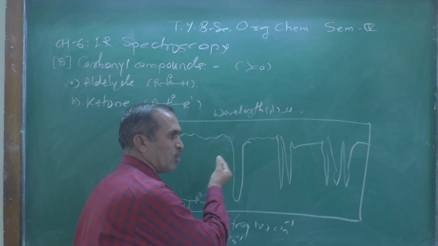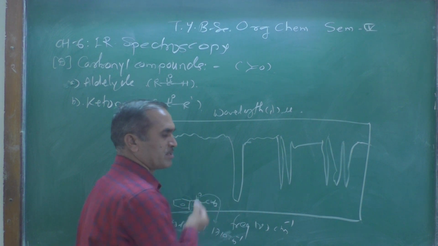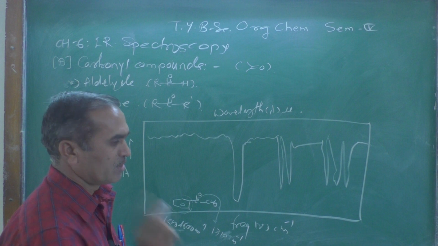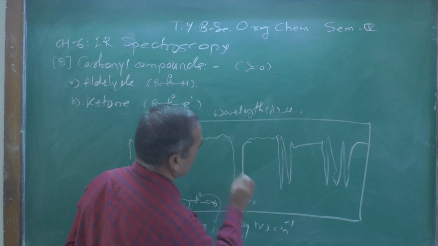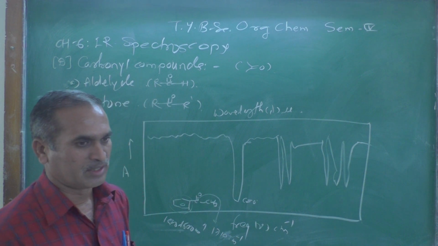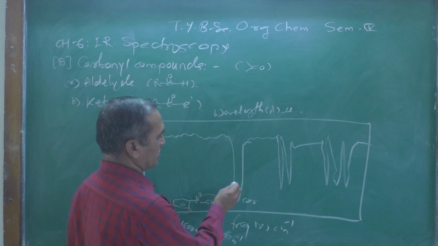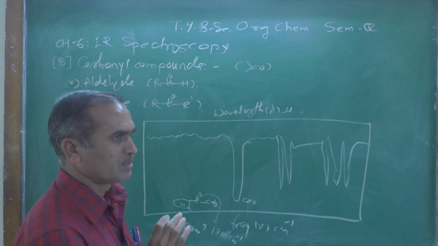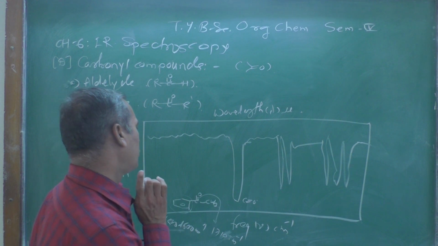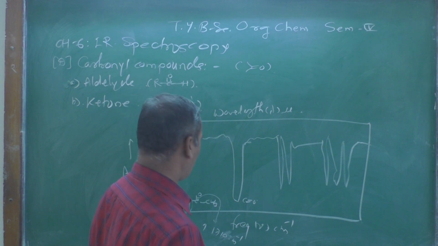By observing its shape and size, the organic chemist immediately comes to know that this peak is due to the stretching frequency of a carbonyl compound. This one strong and very prominent peak is observed due to the presence of the carbonyl group.